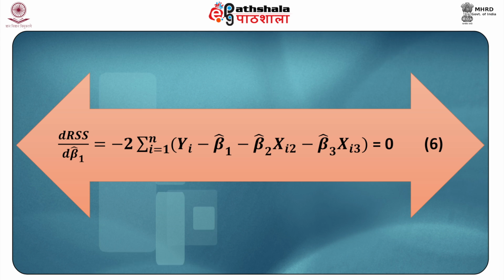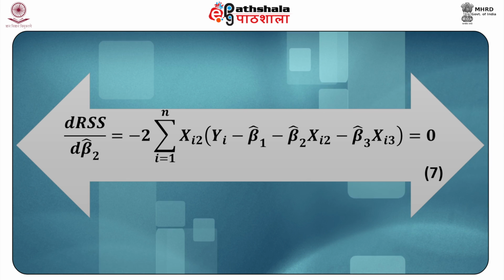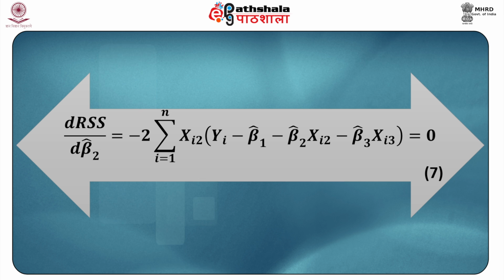This is our equation 6. Similarly, if you take the derivative of RSS with respect to beta 2 hat, we obtain this equal to minus 2 into sigma xi2 into yi minus beta 1 hat minus beta 2 hat xi2 minus beta 3 hat xi3 equal to 0. This is our equation 7.